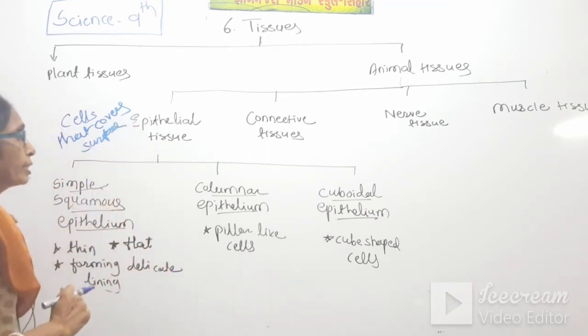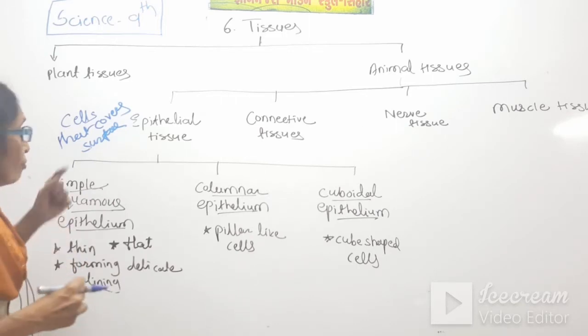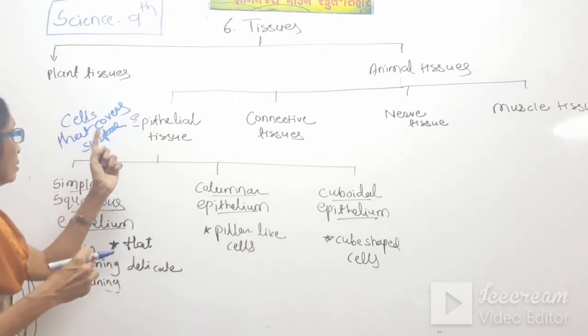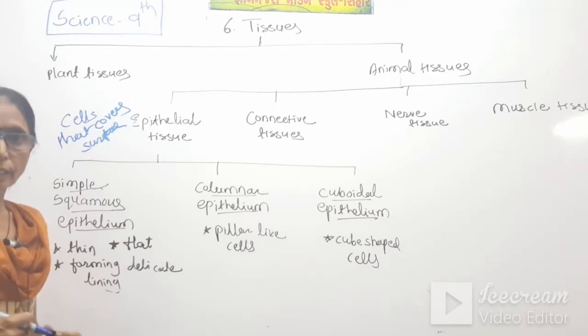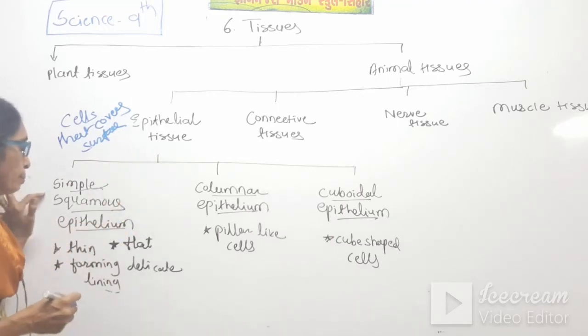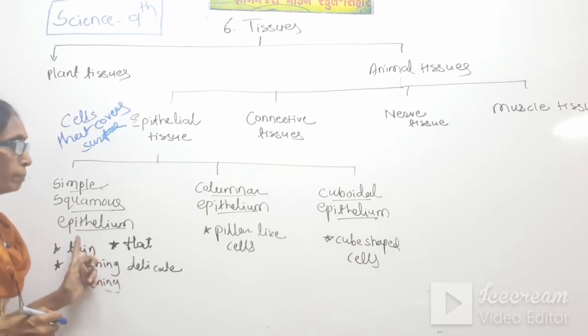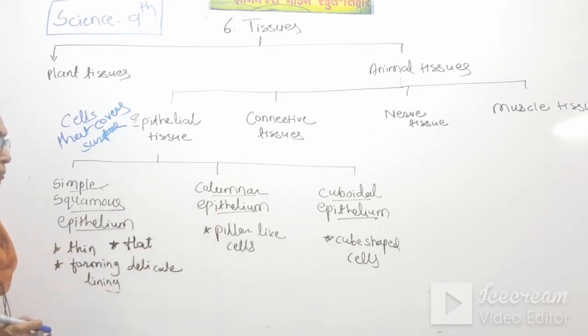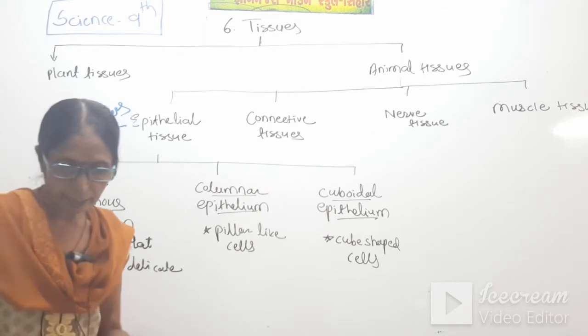So epithelial tissues are found on the surface of the body. Again, there are three types: simple squamous epithelium, columnar epithelium and cuboidal epithelium.